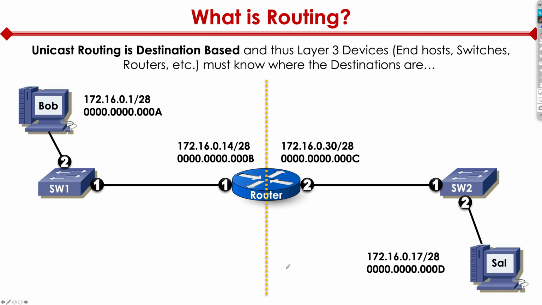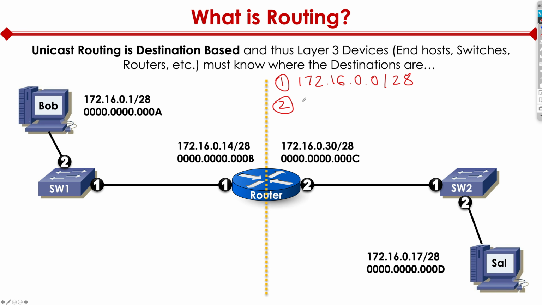compared to the previous scenario where we didn't have the router. So in this scenario, Bob wants to send an email to Sal. What's going to end up happening is Bob's PC is going to run a binary AND operation against its IP and subnet mask. And it's going to realize that it's on a network 172.16.0.0/28.